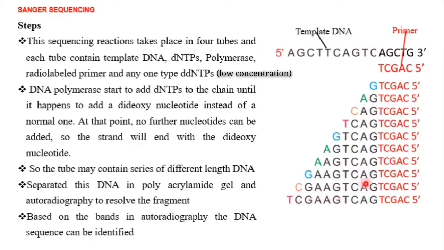So when we do this reaction in four tubes, we will get fragments with varying length. That different length DNA is separated by polyacrylamide gel electrophoresis, and the bands will be identified based on autoradiography.